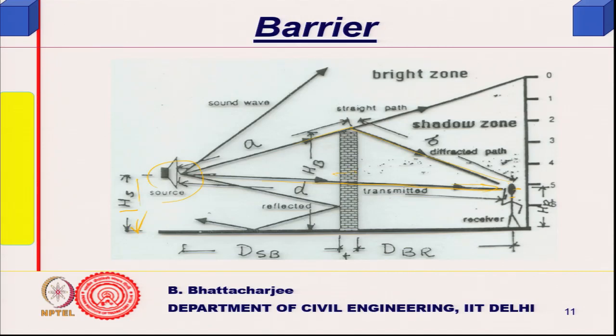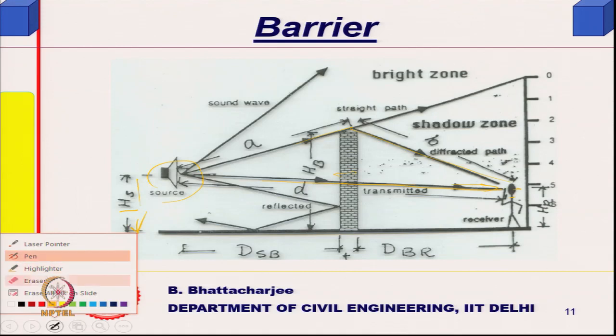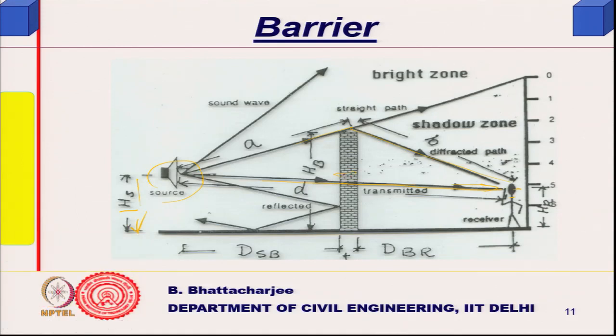And this could be the thickness of the wall or barrier that I have put in, let us say it is T, the barrier thickness is T. Then A is this path, B is this path. I can include the thickness, but usually T is relatively small unless it is very heavy, very thick.